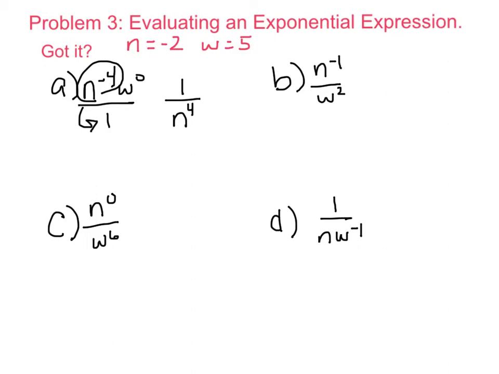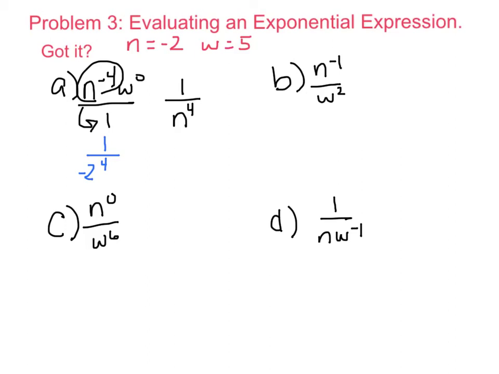Now I'm going to plug in. It is important, and if you don't get the hang of this, I will count it wrong because this is not mathematically correct if you write it like this. N is negative 2. If you write it like this, negative 2 to the 4th power, that is not correct because you are only telling me that you're taking 2 to the 4th power.